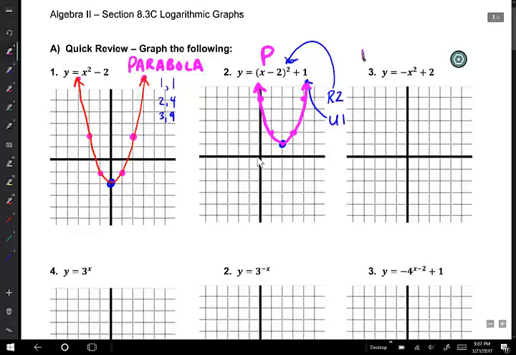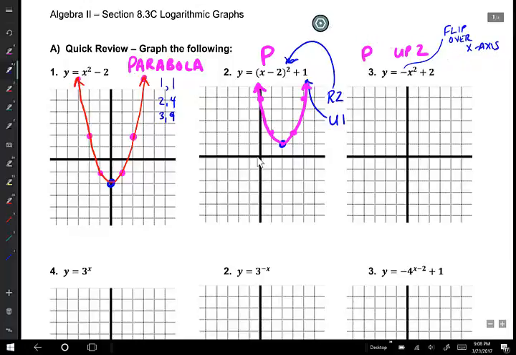Our third one, once again, is a parabola, and it goes up 2, but because it has a negative x squared, that negative x squared is going to flip over the x-axis. So a couple quick notes on this problem. Let's take our parabola and flip it over the x-axis first, and then move it up 2.